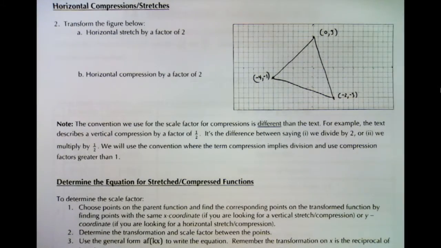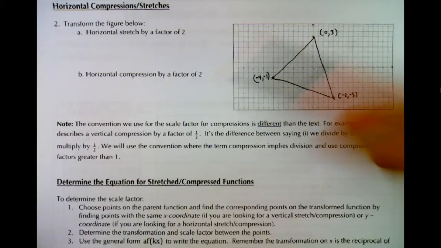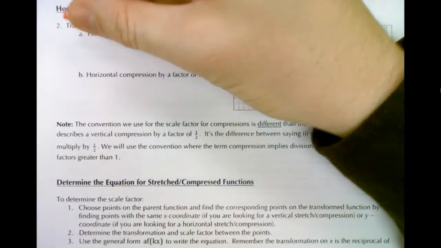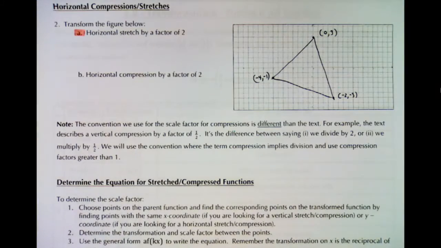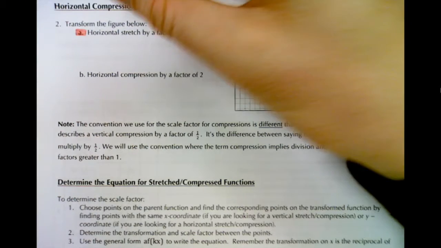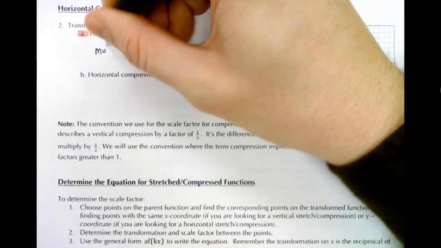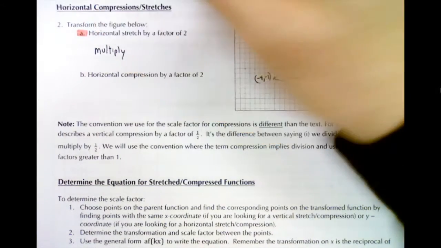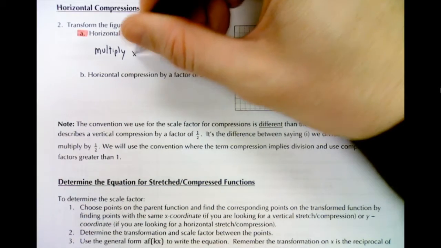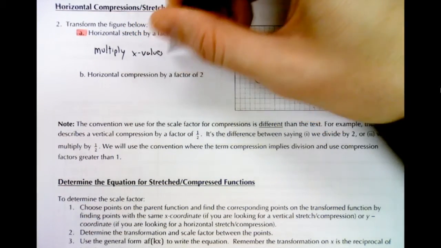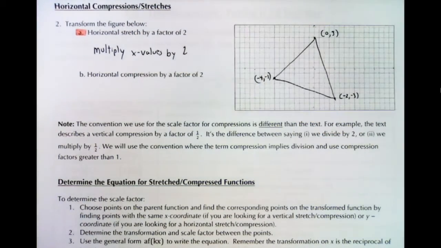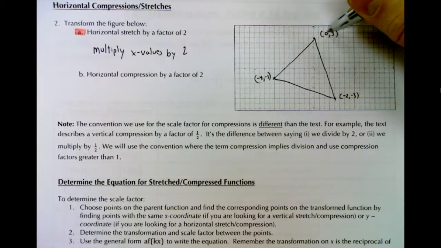What are we doing here? Well, let's use pink. Horizontal stretch by a factor of 2. That's going to impact the x's. If we're stretching by a factor of 2, that means we're taking those x values and multiplying by 2. So let's look at some x values. First point, 0, 3.